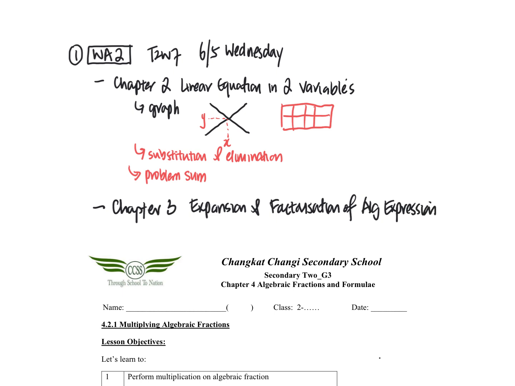So expansion and factorization of algebraic expression. Remember, you need to know the words simplify, expand, factorize, and then you will see the word evaluate. So all these terms, you must know what they mean.